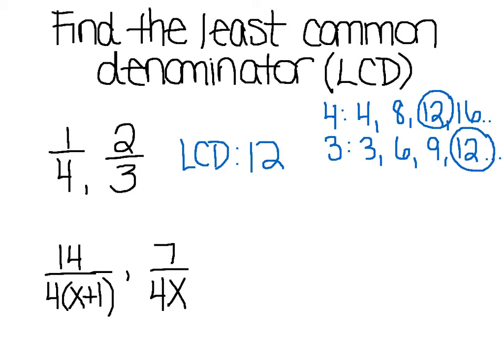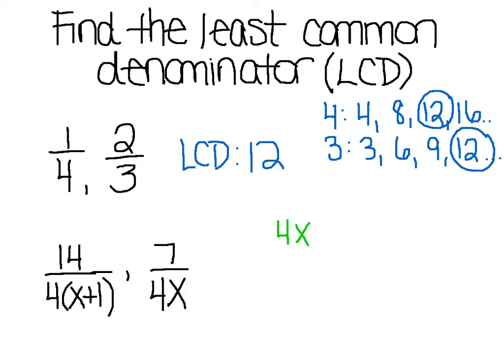But now let's look at what happens when we have a rational expression. We have 14 divided by 4 times x plus 1, and we have 7 over 4 times x. We're essentially looking for the smallest, our keyword smallest, the least common denominator, the smallest multiple that goes into both.